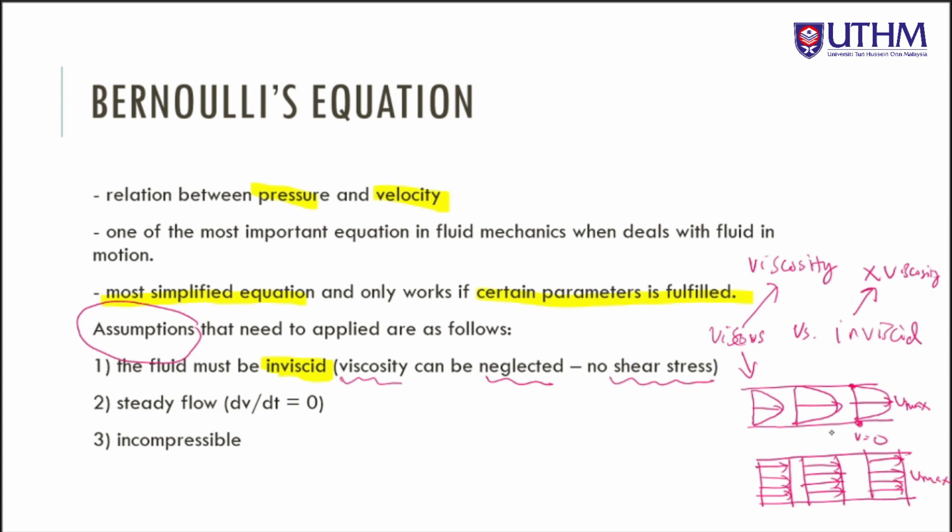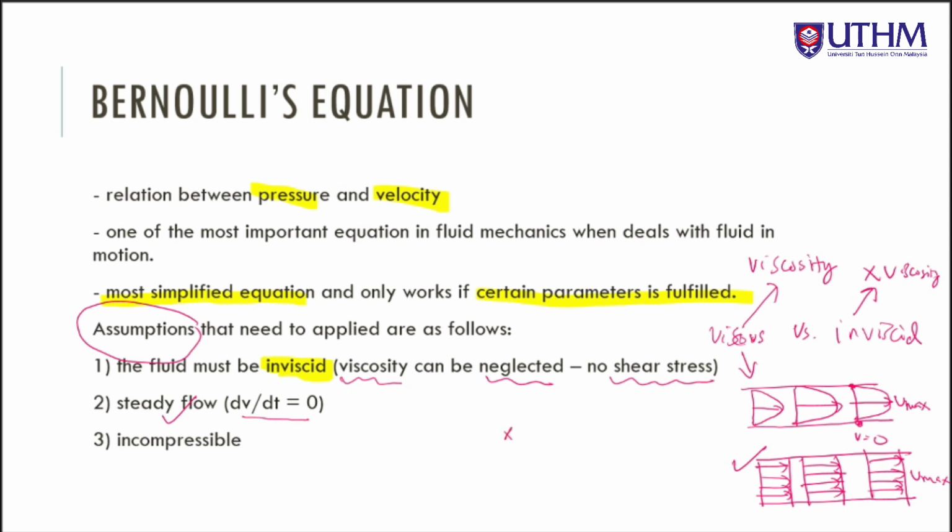Okay, so in order for us to apply the Bernoulli equation, we must make sure this condition is applied. Secondly, we must also consider that the fluid flow must be steady. Means that if the fluid flow is steady, there will be no change of velocity with time. That is why dV over dt must be equal to 0.